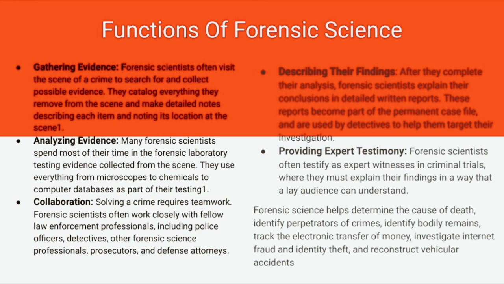This can be summarized as that functions of forensic science revolve around evidences: its collection, its analysis, its preservation, collaboration with other experts regarding the information of evidences, describing their findings, and at the end providing expert testimony on that particular evidence, which all depends on the nature of evidence, type of evidence, etc. It also functions around finding the cause of death.